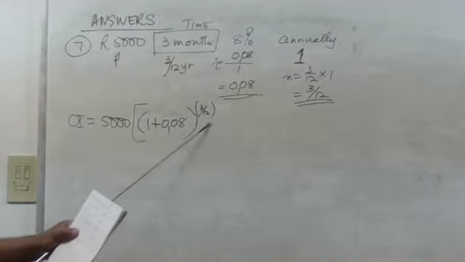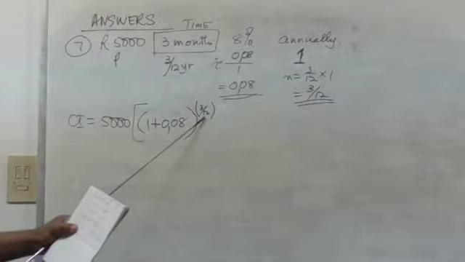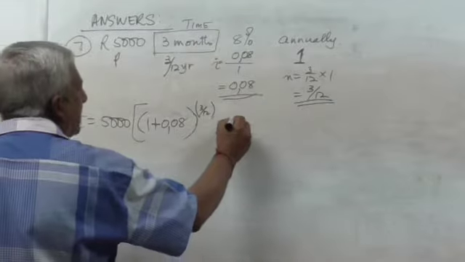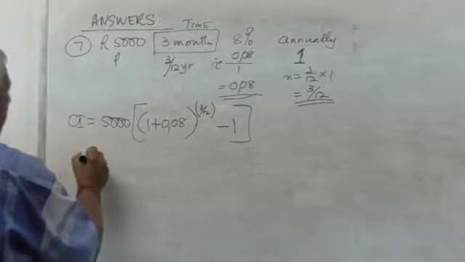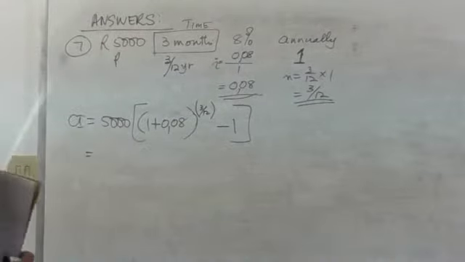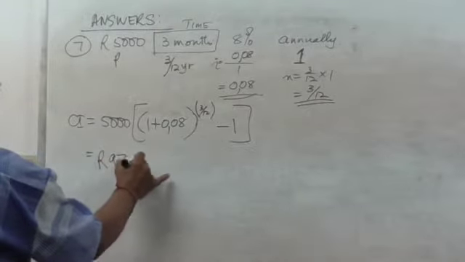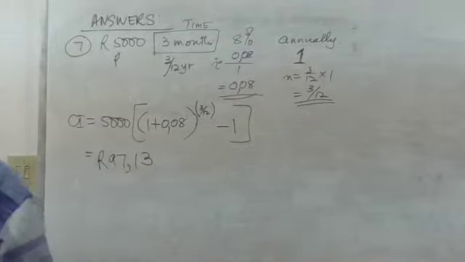When there's a fraction here in the index, put it in a bracket. It'll save you a lot of trouble. Minus 1, close bracket. And when you put that in the calculator, you'll end up with the answer 97 Rand 13.